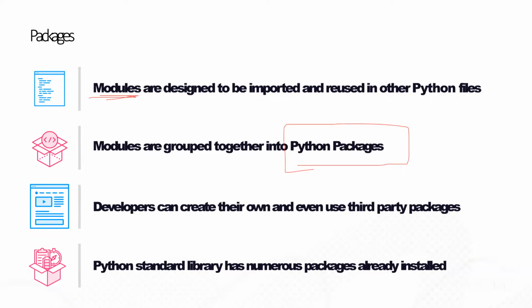Developers can create their own packages and even use third-party packages. It is not only the user who creates packages. There are predefined functionalities, either from Python or from different companies, who can publish their own packages, and we can install those packages and utilize that functionality.